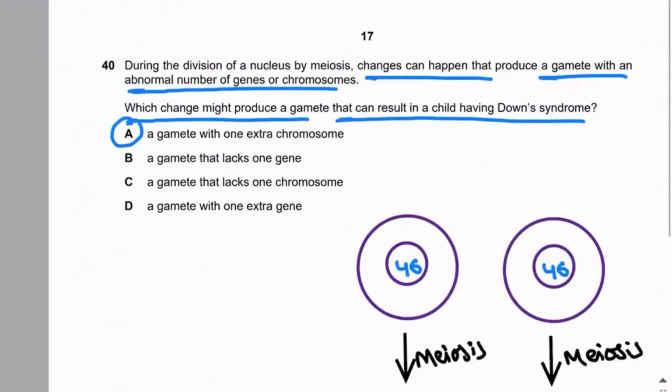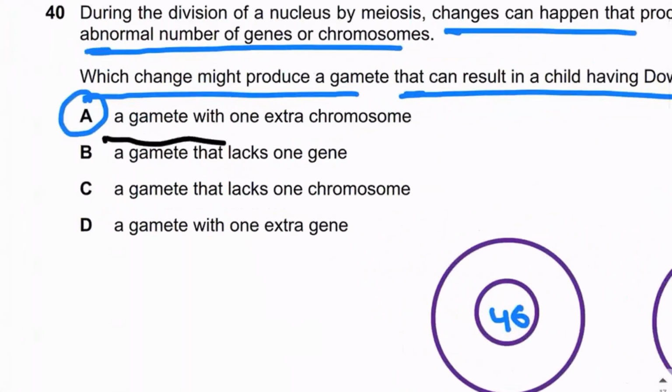Okay. So the change that occurs during the division for Down syndrome to occur is the formation of a gamete with one extra chromosome.